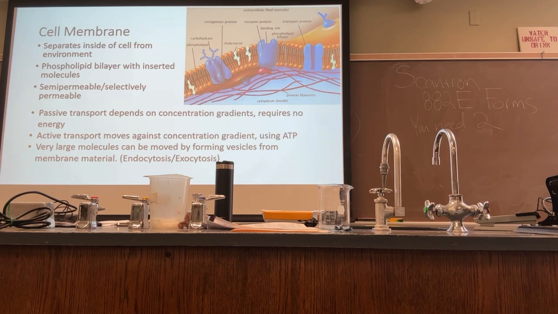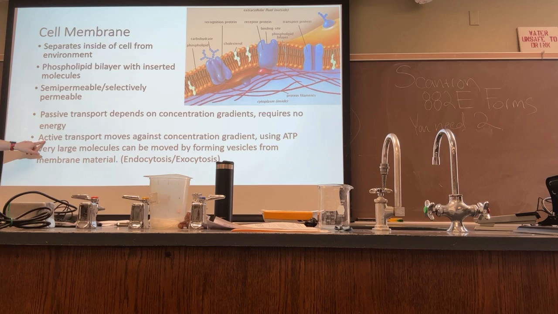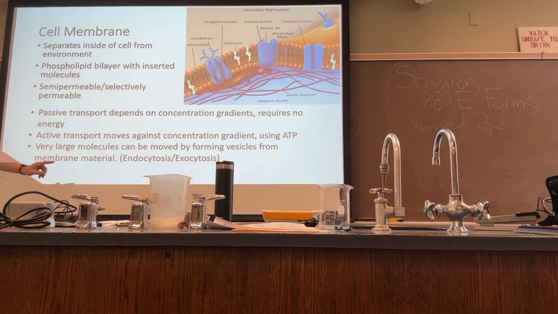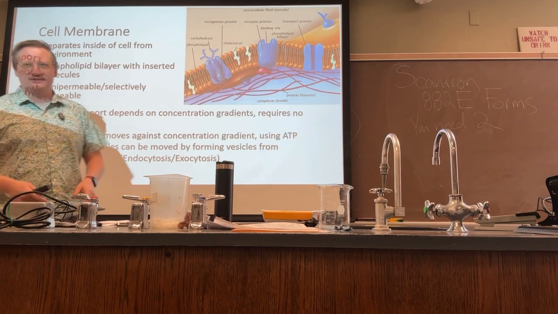So some things just freely diffuse across the membrane passively and don't require any energy input, whereas some molecules need to be actively transported. And active transport, it's active, right? It requires energy.